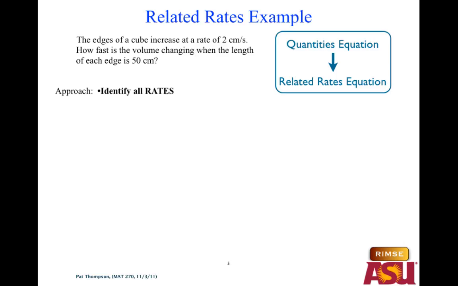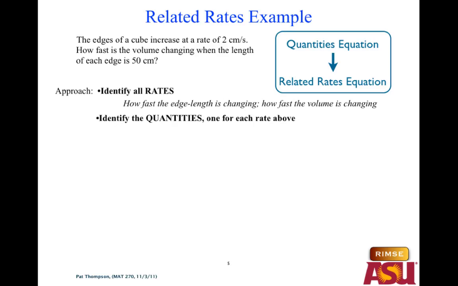Okay, so we identified the rates. The rate of change of the edge length, the rate of change of the volume. How fast edge length is changing, how fast volume is changing. So what quantities are associated with those rates? What quantity is associated with how fast the edge length is changing? No, that is the rate. What's the quantity associated with that rate of change?